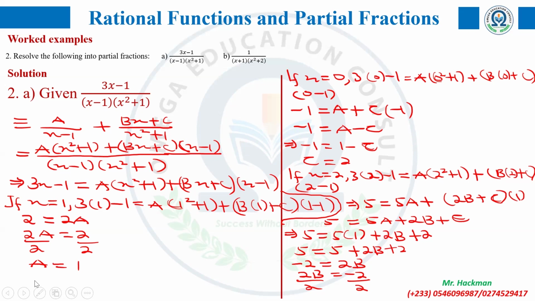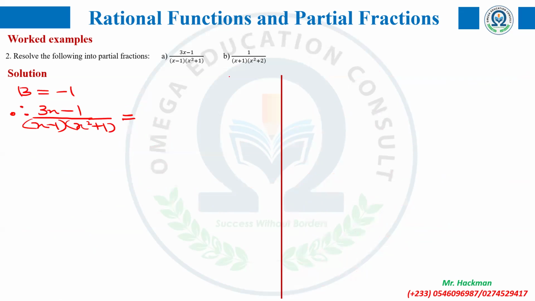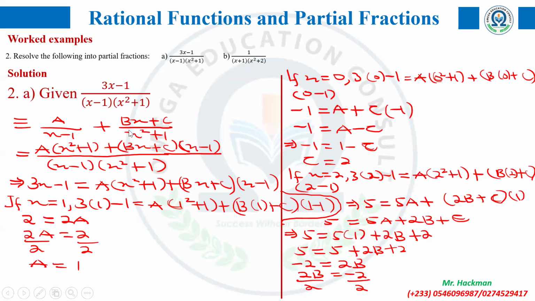So it will be A over, A which is 1, over x minus 1. Then plus, here we need to think a little for the second part. It will be bx plus c. But what is b? -1, am I right?